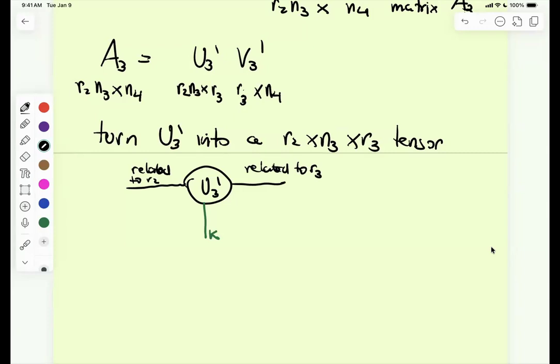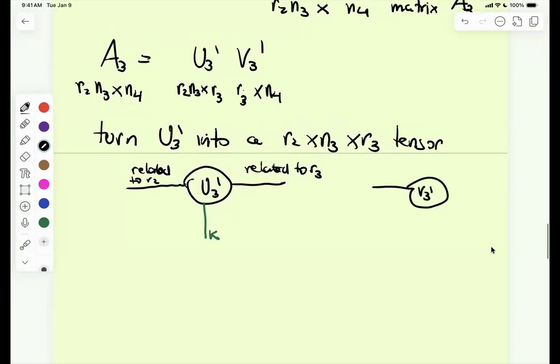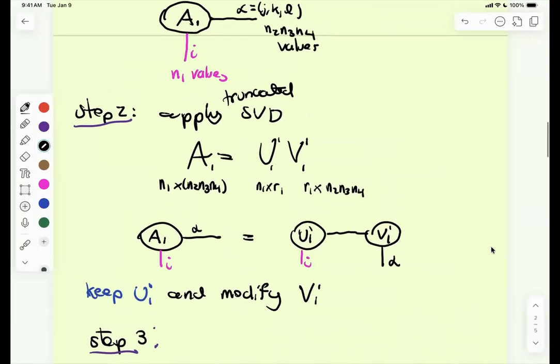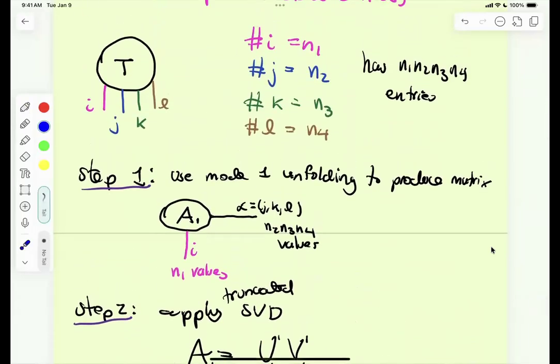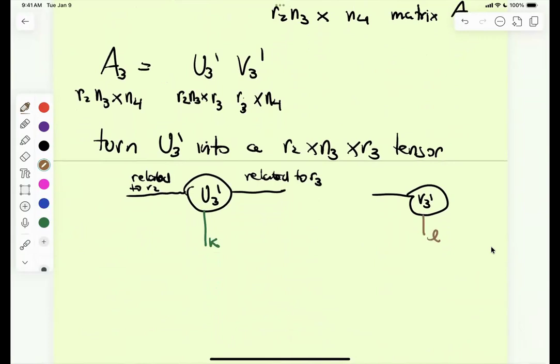And in this case, if you look at B3 prime, you more or less already terminate, because if this had been a product or something else, then you could keep doing the same game. But here you can terminate at B3 prime. One of its legs would be the one related to L, because that's with N4, so one of these legs would be L for the index L, and the other would be the one related to R3.